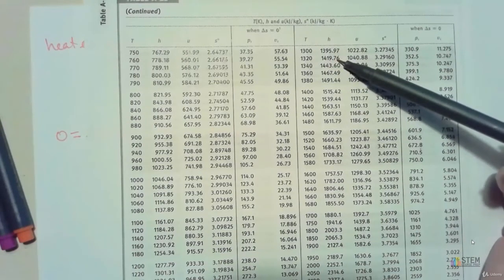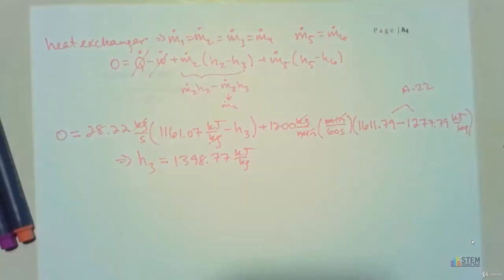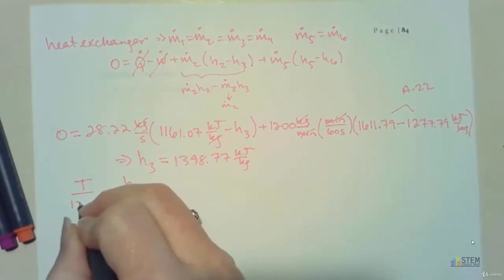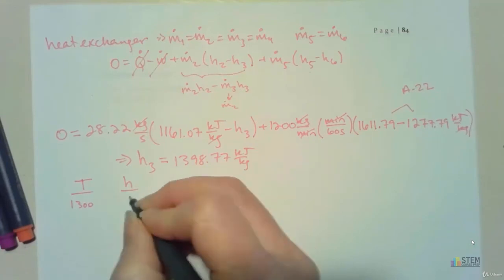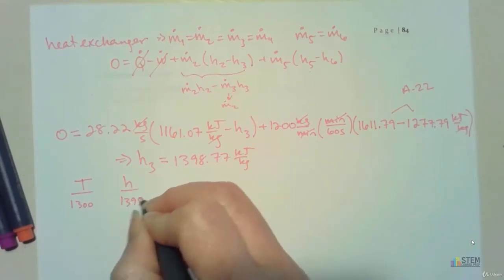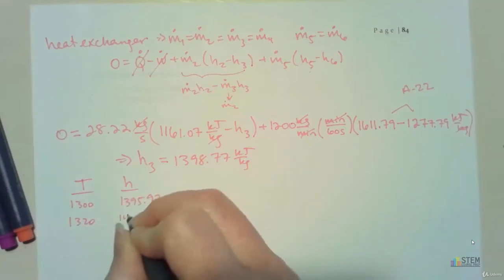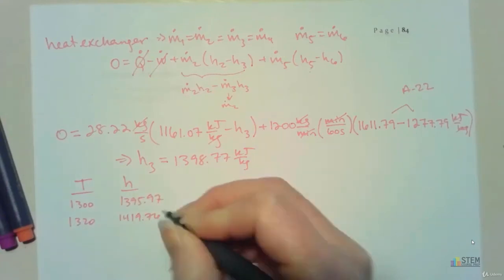Alright, so we're going to interpolate here. So let's write down the two data points we're going to use. So when T is 1300, enthalpy is 1395.97. When it's 1320, it's 1419.76.